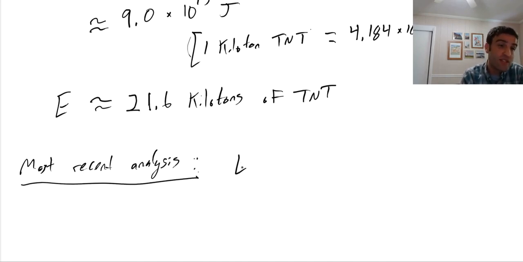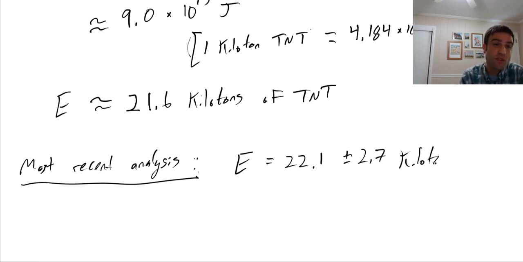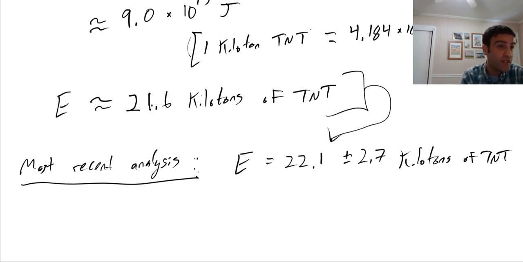The official answer is that the energy released in that Trinity Test explosion was 22.1 plus or minus 2.7 kilotons of TNT. That is a remarkably accurate estimate, right? This estimate, just by looking at a declassified photograph, comes perfectly within the error bars of the official, formerly classified estimate of what the value actually was.